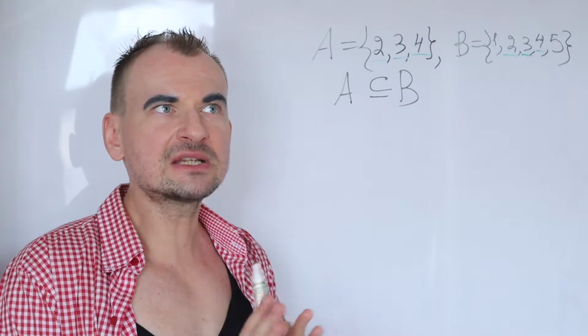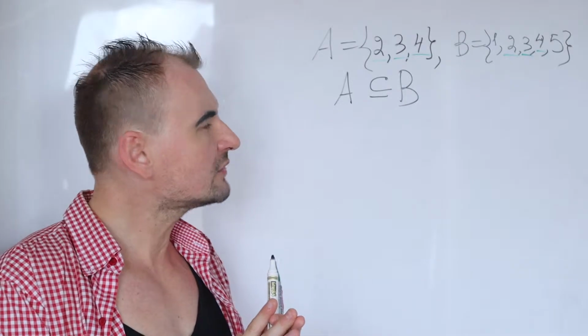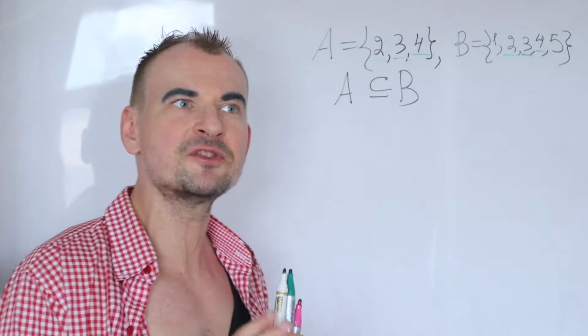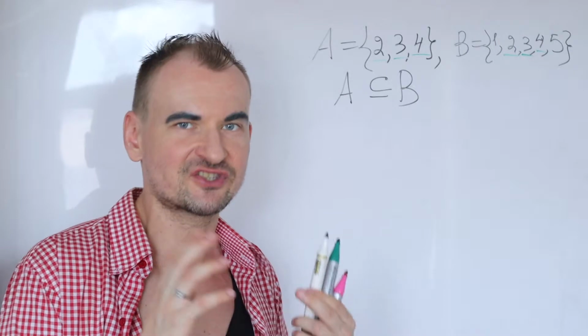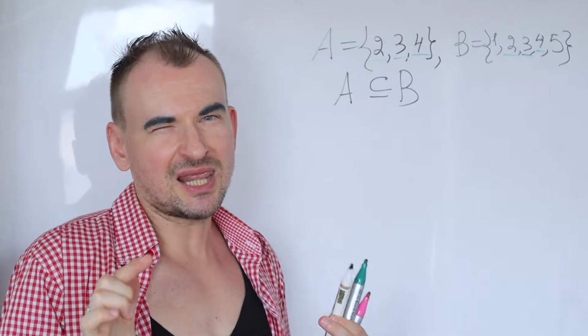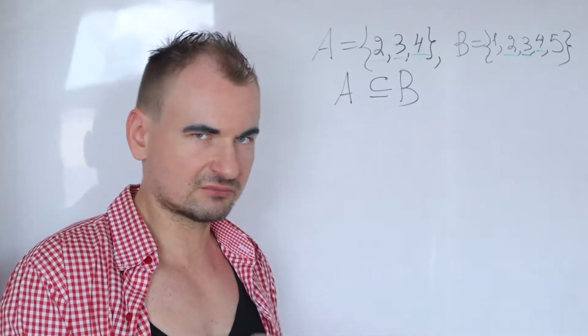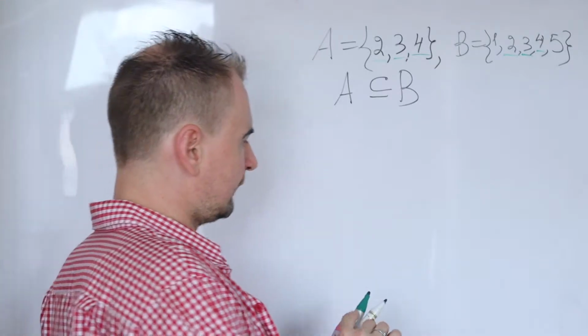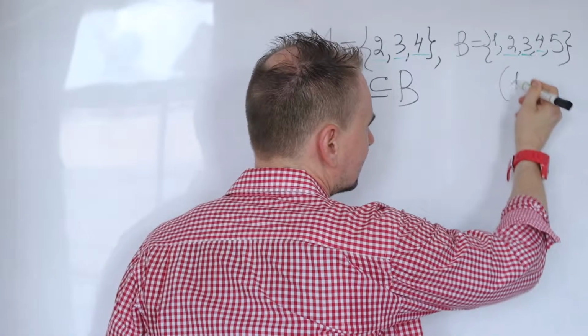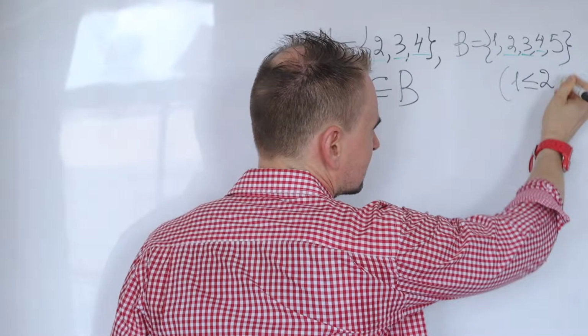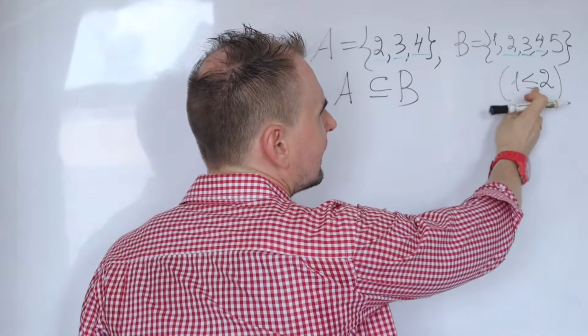Well, to be perfectly honest with you, it might remind you of the relationship between numbers, the less than or equal to. It looks similar if you look at 1 is less than or equal to 2, let's say, or less than.